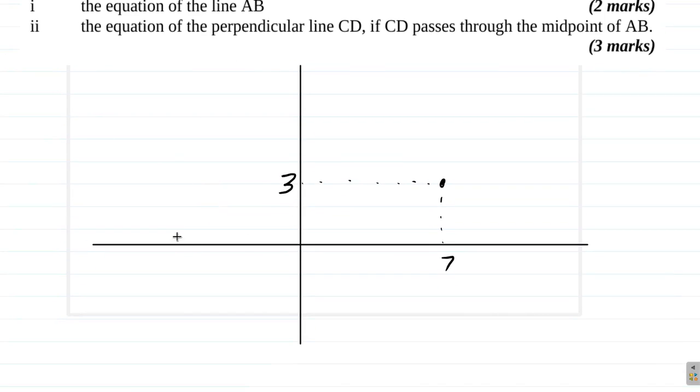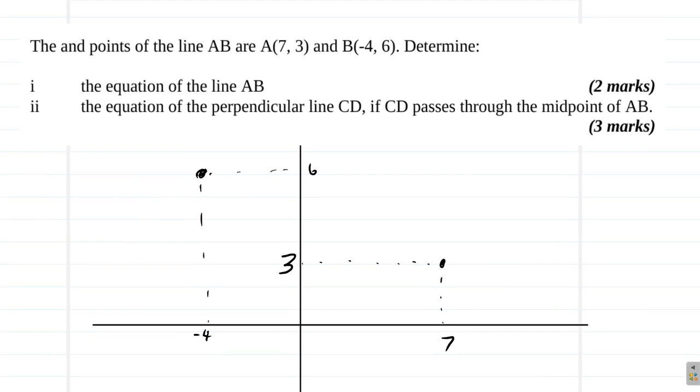Let's say -4 is here, and 6 is up here. So the next point would be here. So A is at (7, 3), this is A, and B is at (-4, 6). Alright? So we do a little sketch so we see what the line looks like.